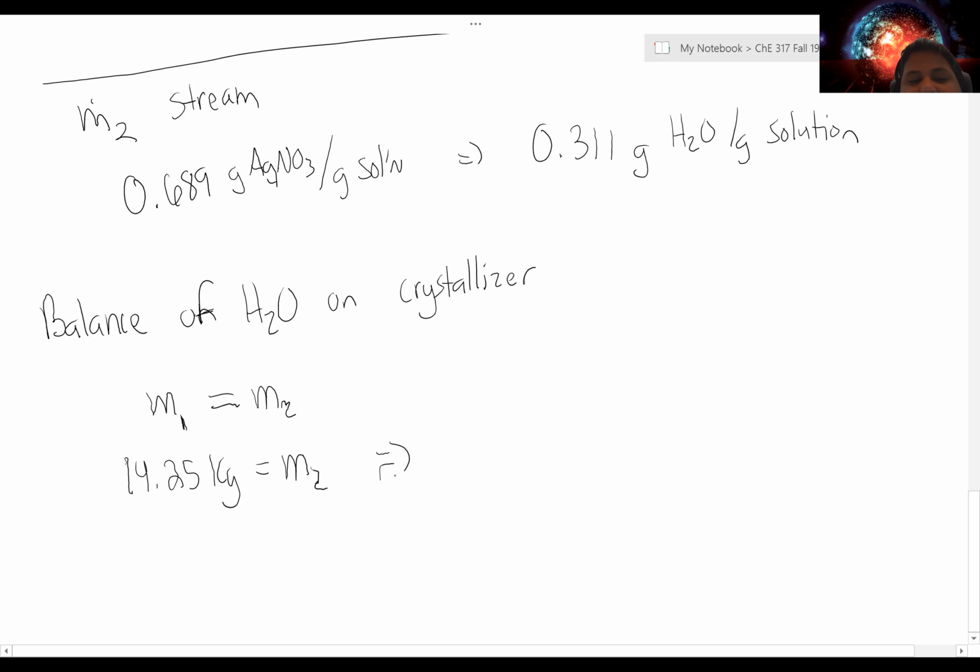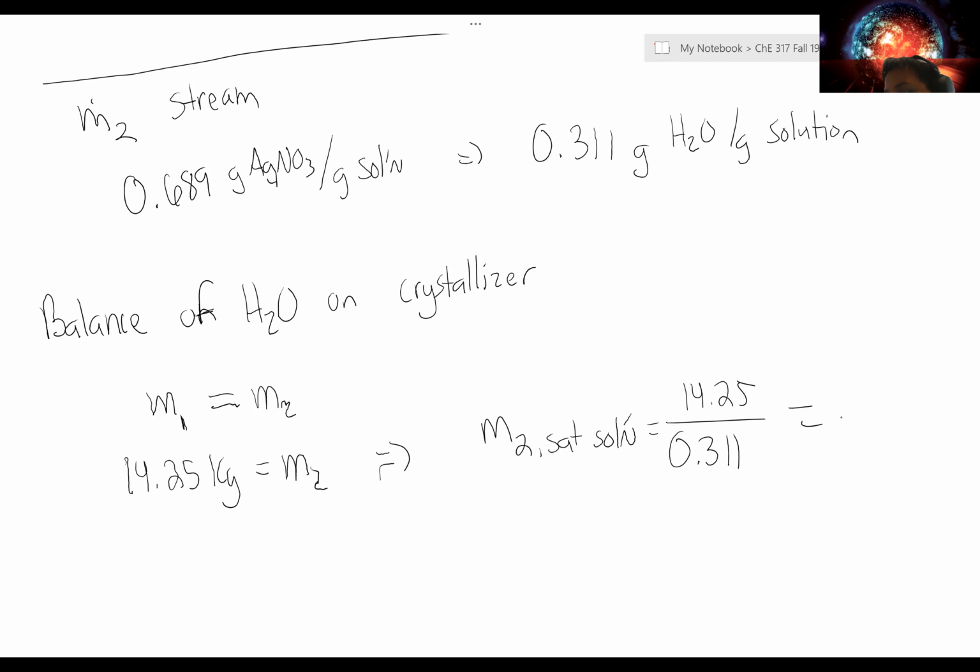And if the water makes up 0.311 grams of that saturated solution, then the mass of the saturated solution in 2 should equal 14.25 divided by 0.311, or 45.89 kilograms.